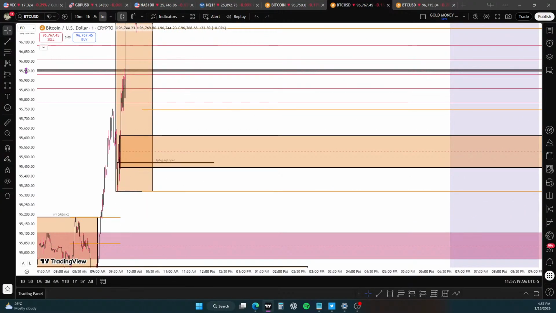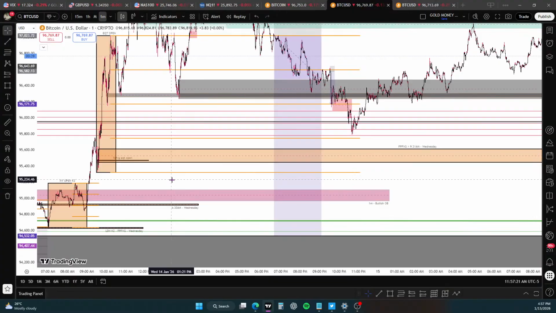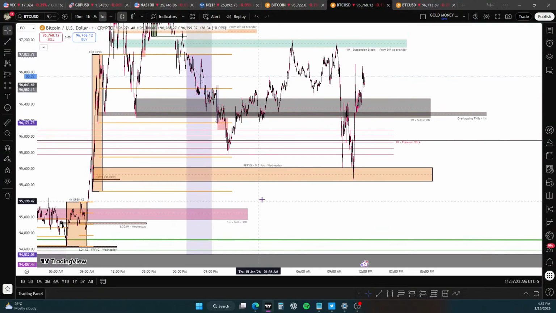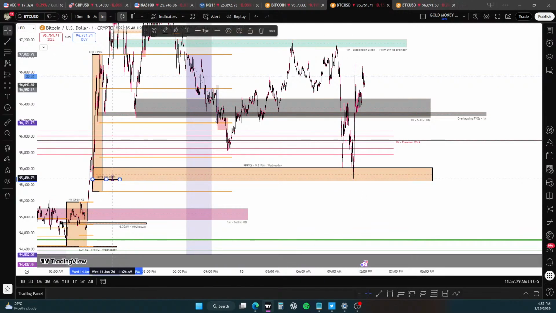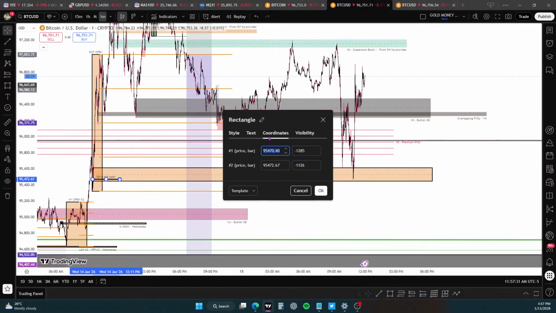And look, we respected the entirety of the area with this wick. This gives even more clarity to what we're looking at. So look, as I now extend this line here, we tap it.